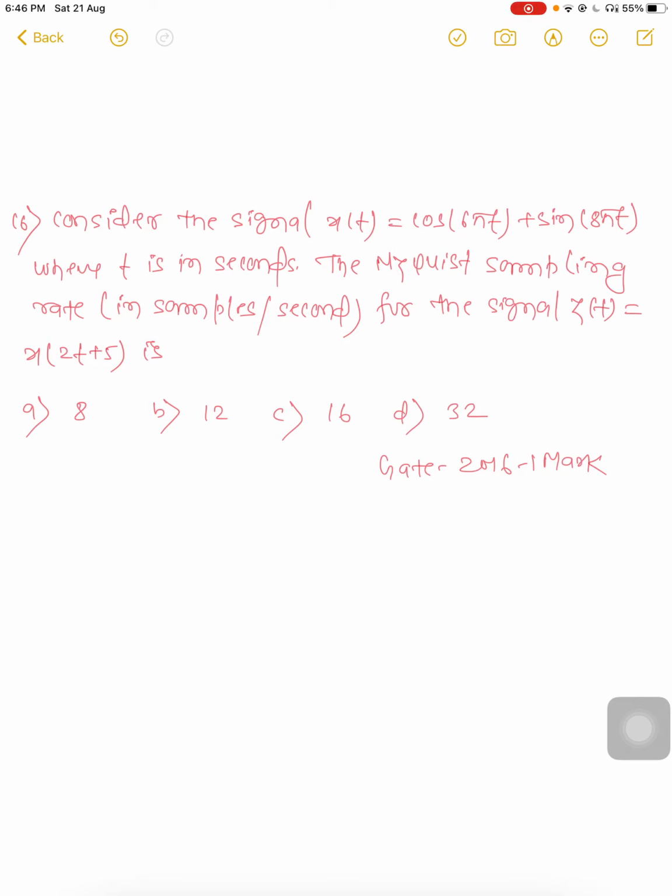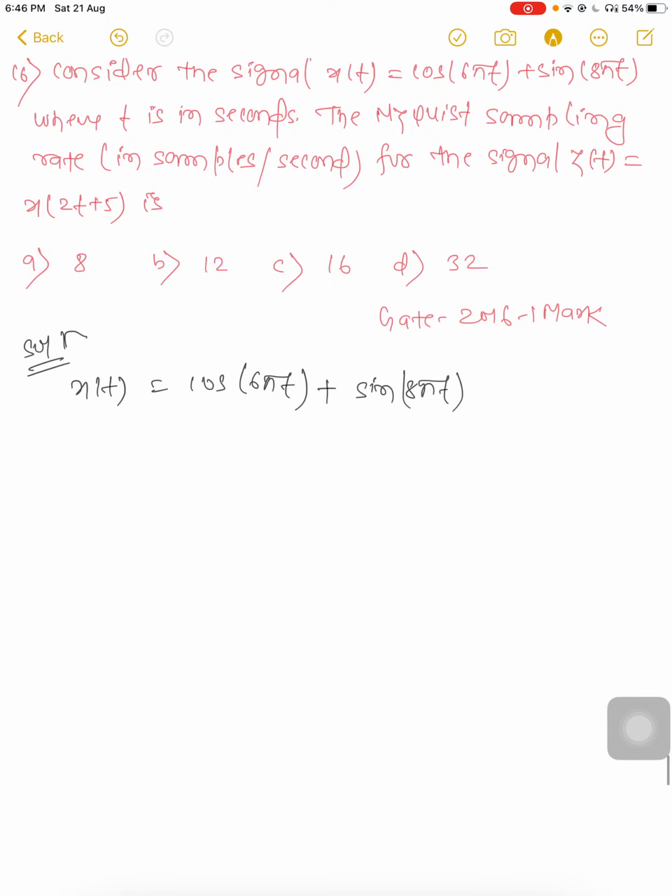Okay, consider the signal xt is equal to cos 6 pi t plus sin 8 pi t, where t is in seconds. The average sampling rate for the analysis of yt is equal to x(2t plus 5) is asked. This is question 16. Solution: xt is equal to cos 6 pi t plus sin 8 pi t is given.